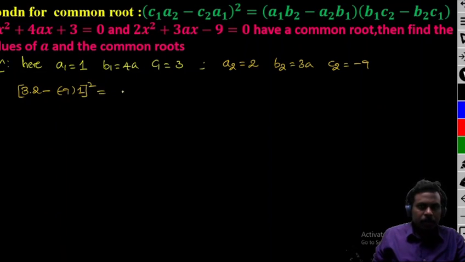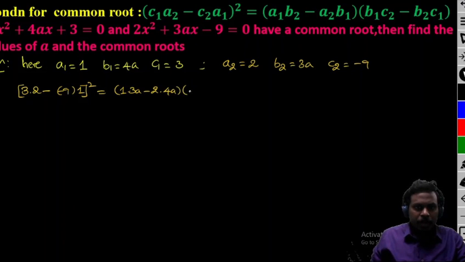Whole square is equal to a1, which is 1, into b2, which is 3a, minus a2, which is 2, into b1, which is 4a, into b1, which is 4a, into c2, which is minus 9, minus b2, which is 3a, into c1, which is 3.